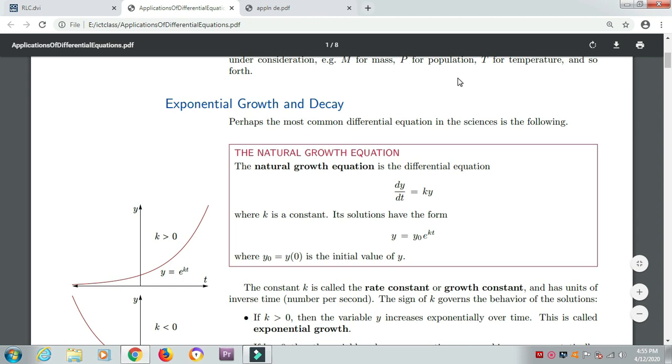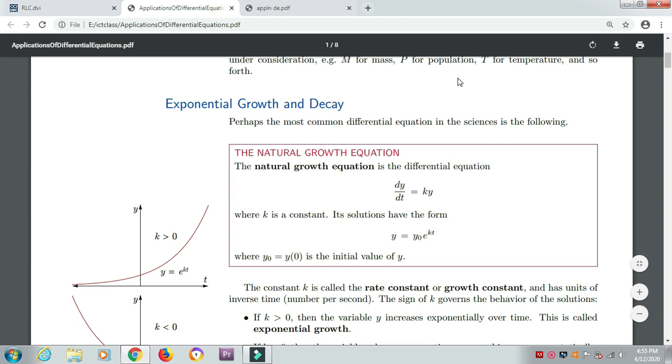Already we have discussed in class that differential equation is mostly used in plant growth in terms of the time variable t. So here the time t is an independent variable. For the exponential growth and decay concept, first we introduce the natural growth equation in terms of differential equation.